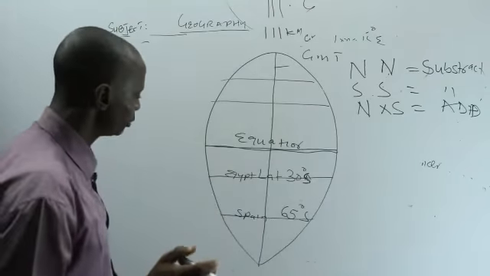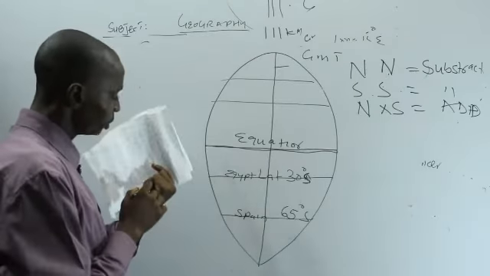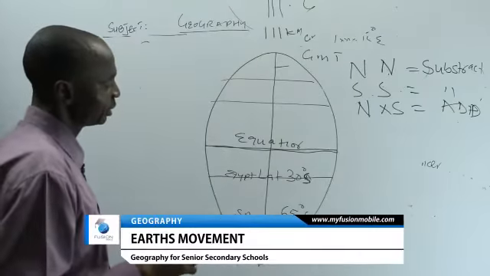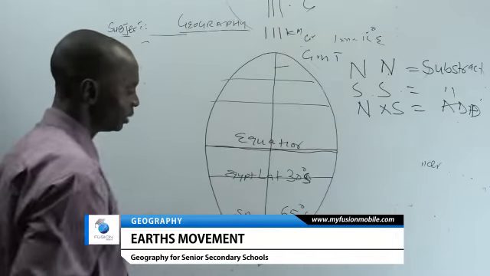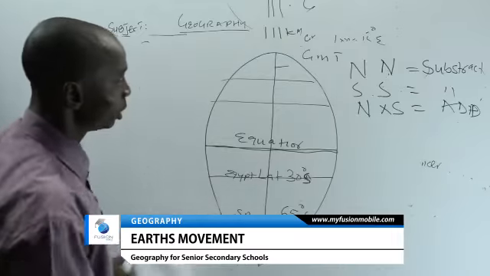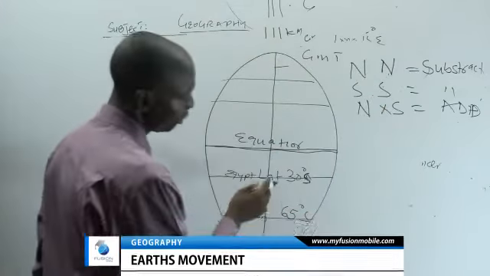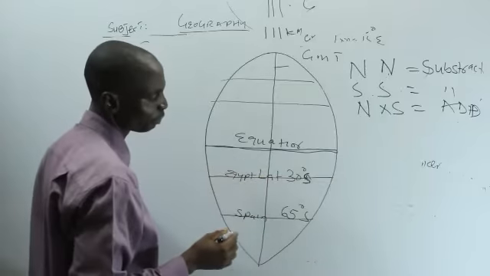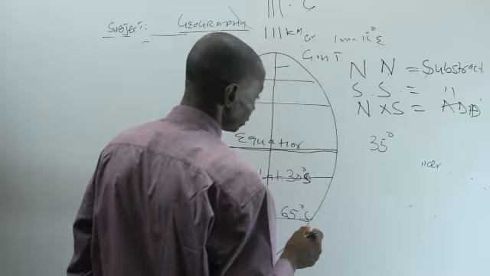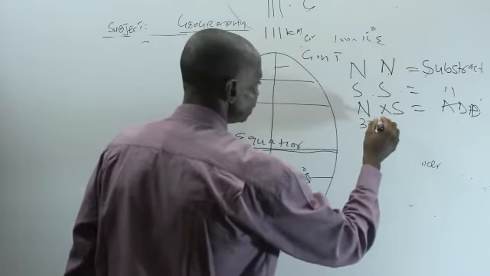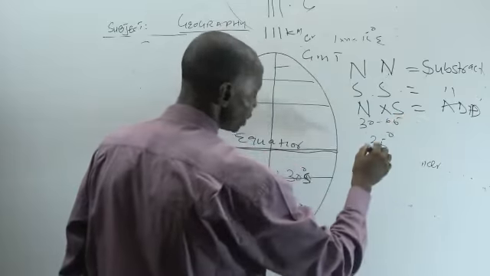Let me repeat again. What is the distance between Egypt, latitude 30° south, and Spain, latitude 65° south? Look here. South, south. What do you do? You subtract. If you subtract 30 from 65, it will give you what? 35 degrees. You take 30 away from 65, and it will give you 35 degrees.